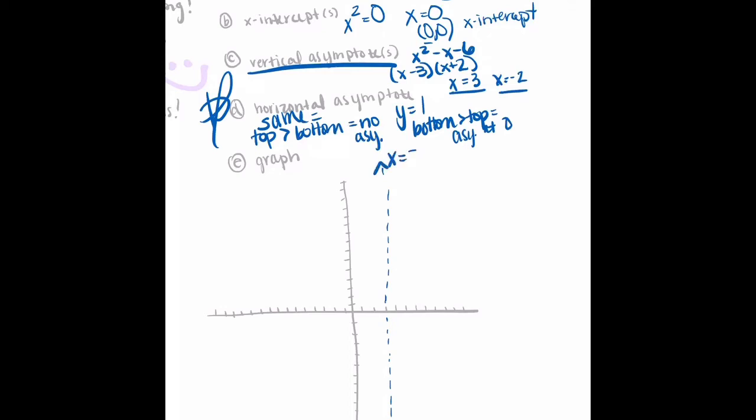So I would label that x equals 3 and x equals negative 2. Now I don't know how your online formatting goes, obviously, because I have not experienced that for this class, but make sure you are careful with your graphing if they do make you graph. Now let's do our horizontal asymptote at 1.